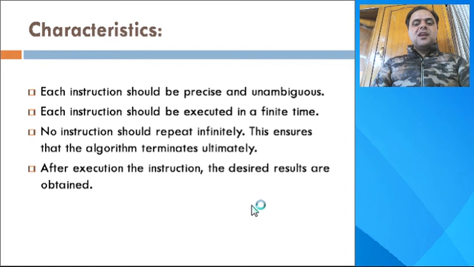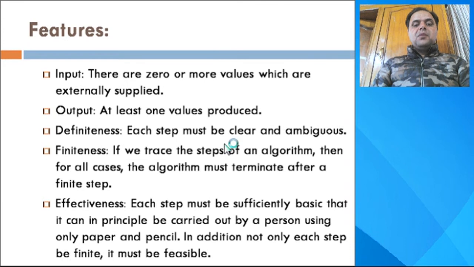After execution of the instructions, the desired results are obtained. So after executing all the instructions of our algorithm, we should get the result we expected from the algorithm. Features of an algorithm: input.